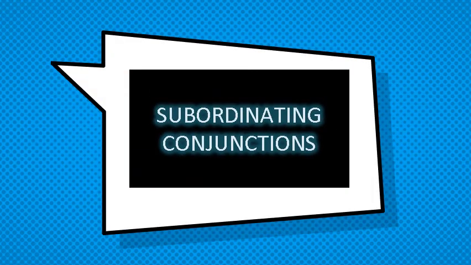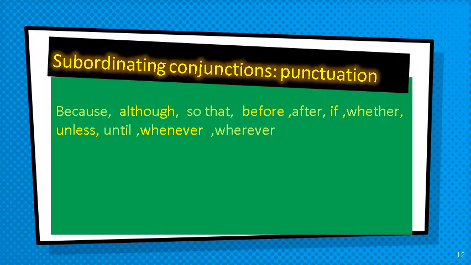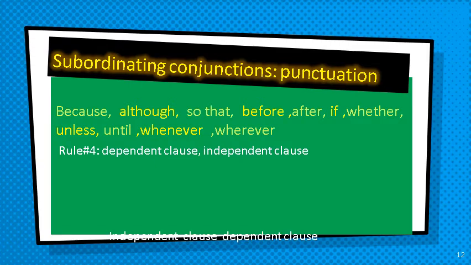Alright, now we are heading towards subordinating conjunctions. It includes because, although, so that, before, after, if, whether, unless, until, whenever, wherever. Rule 4 says, if a dependent clause comes first and an independent clause comes afterwards, then you are going to put a comma in between.